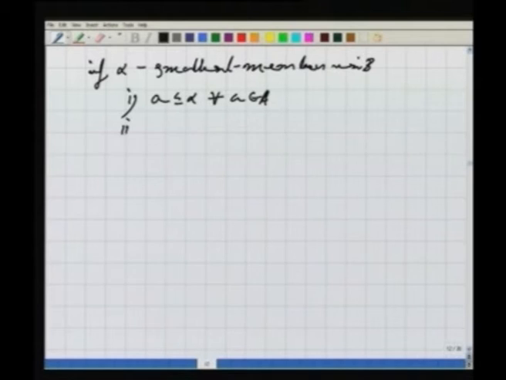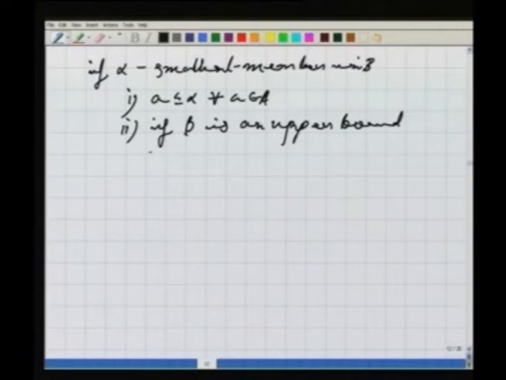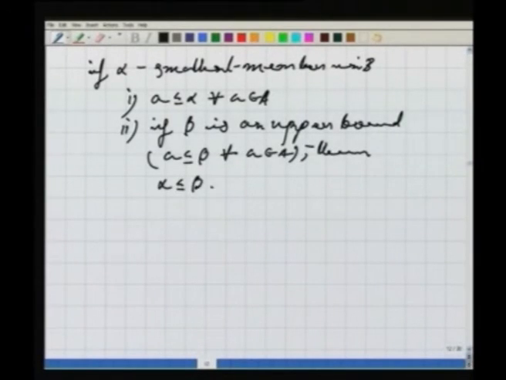That means if beta is an upper bound, which means a is less than or equal to beta for all a in A, then this beta must be bigger than or equal to alpha. That is, alpha is less than or equal to beta.